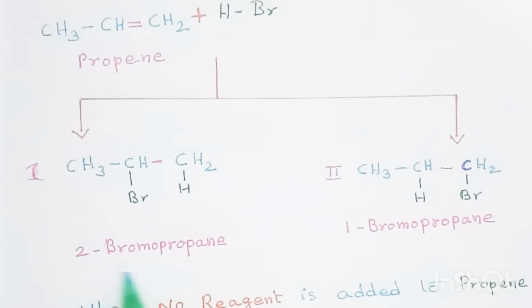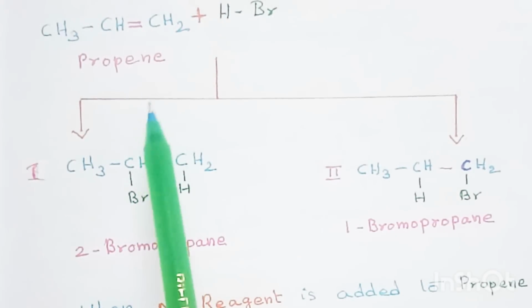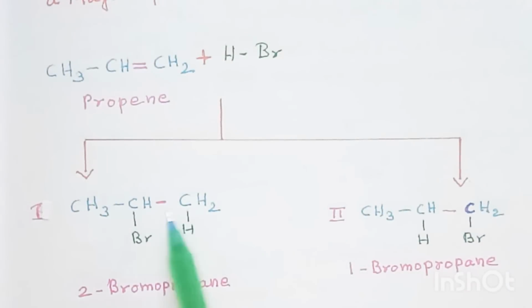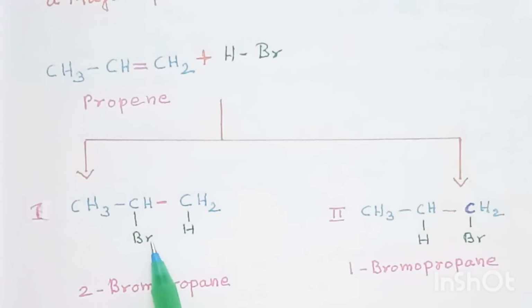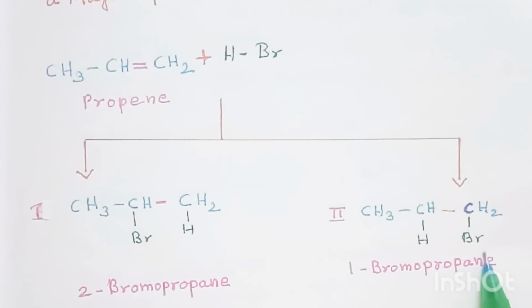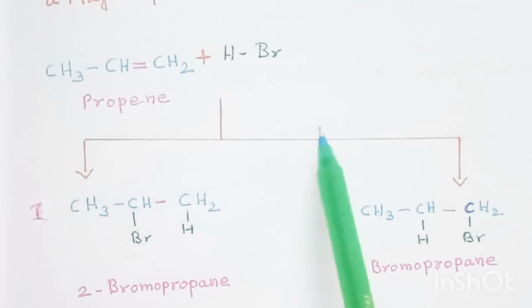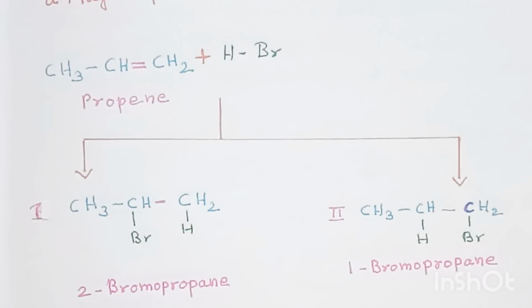Or it can take place in the opposite direction, that is bromine getting attached to the first carbon atom, the last carbon atom, hydrogen getting attached in the middle. So we get 1-bromopropane. So we get two products when HBr is added to an unsymmetrical alkene.